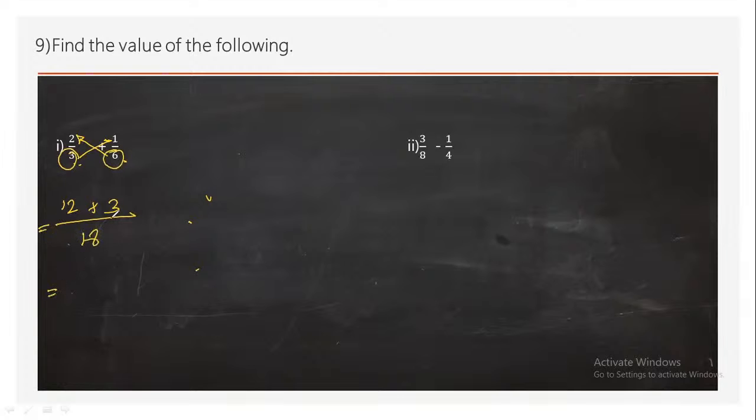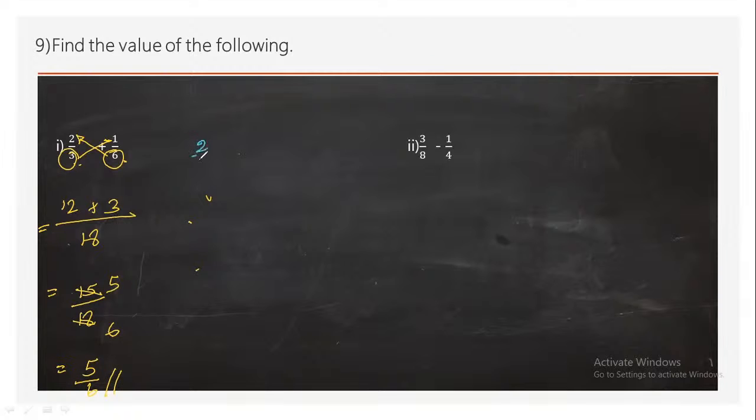First method, 12 and 3, 15 over 18. Now you can see both are divisible, so cancel over the line by 3, 5, and below the line by 3, 6. 5 over 6.